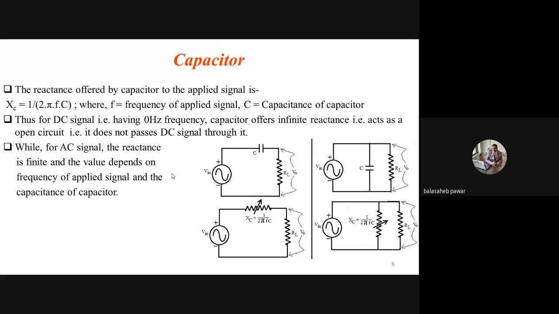As we change the signal frequency applied to that RC combination or to the capacitor, the reactance offered by that capacitor depends on that signal frequency, and it is reciprocal of 2 pi fC. In 1 upon 2 pi fC, f is the applied input signal frequency, and C is the capacitance offered by that capacitor, right?